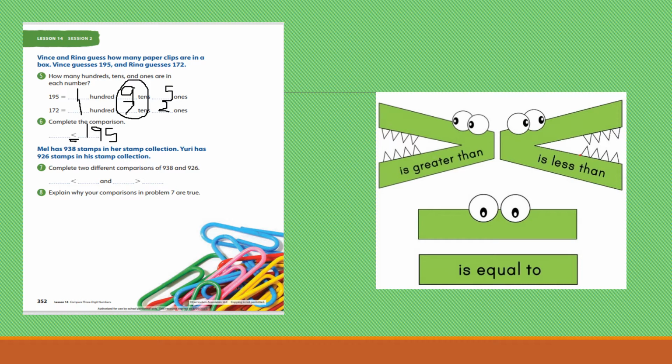So I would put the 172 here, and I'm going to read that. 172 is less than 195. All right? Let's do another. Remember, if I'm going too fast, pause the video, rewind it a little bit, and then watch it again. All right, let's go and do another one.